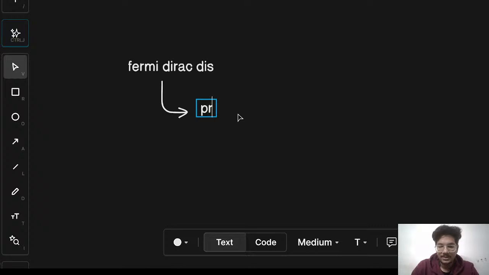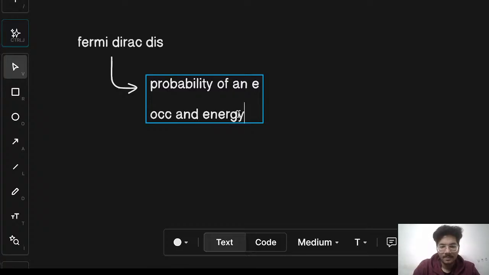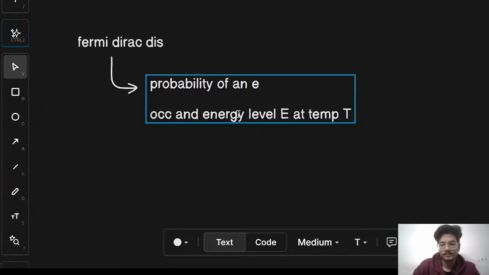It is simply the probability of an electron occupying an energy level E at temperature T.